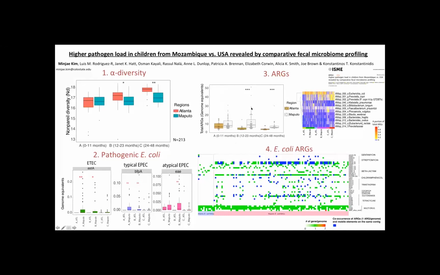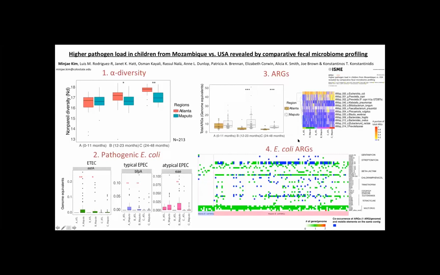And results here suggested that we have a higher relative abundance of total ARGs in Maputo children's gut microbiome, especially in 12 to 23-month and 24 to 48-month compared to the age-matched Atlanta children. And this is primarily driven by E. coli, as shown here at the heat map, and the other species.